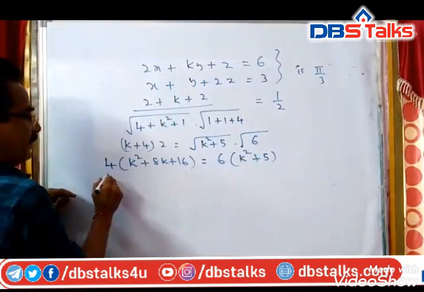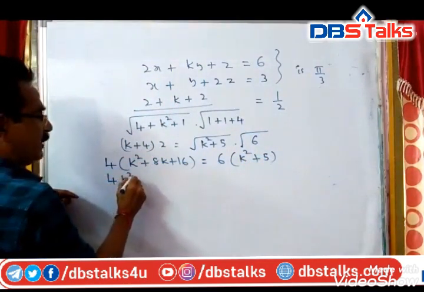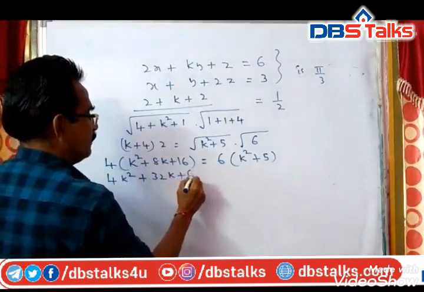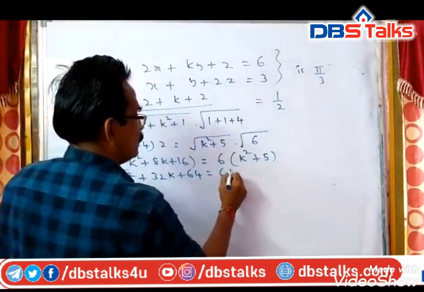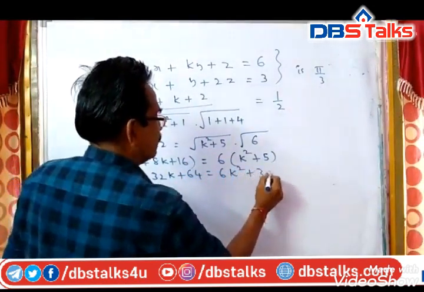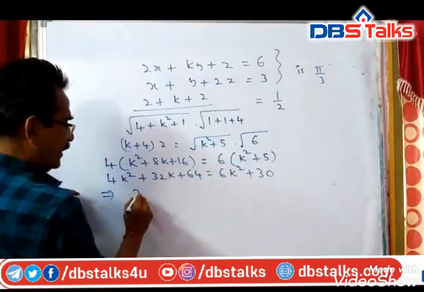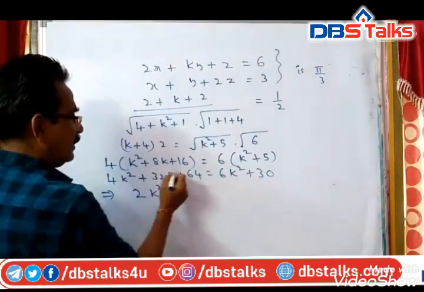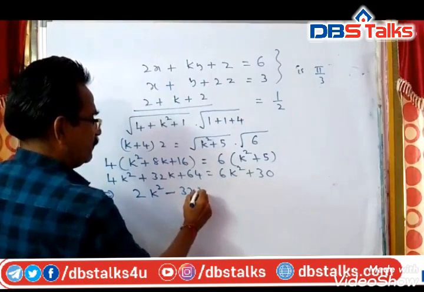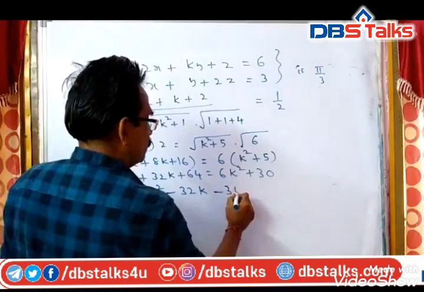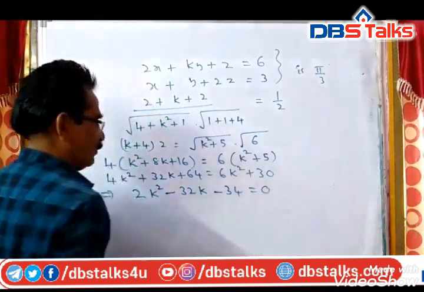Right, friends? Now 4k square plus 32k plus 64 is equal to 6k square plus 30. It implies 2k square minus 32k minus 34 is equal to 0. Right, friends?